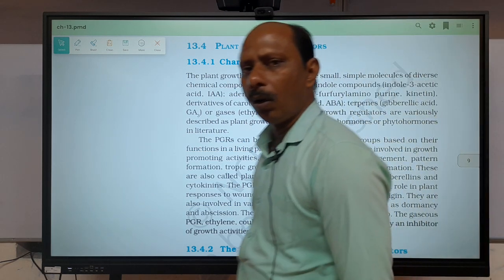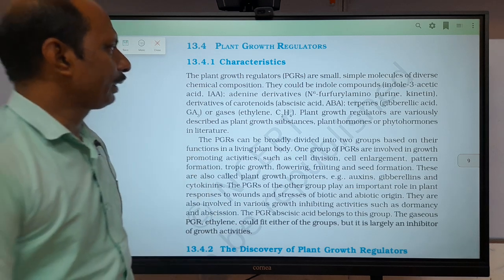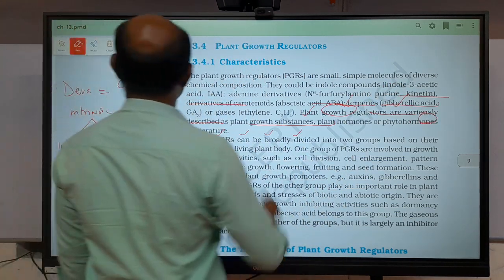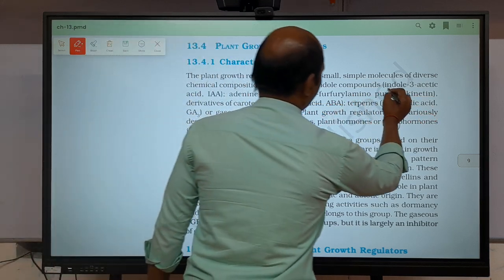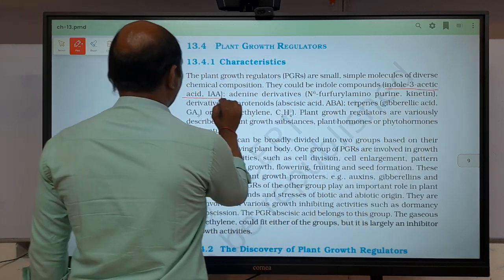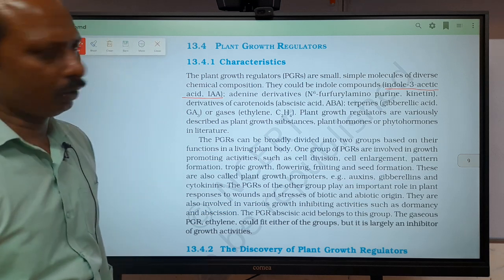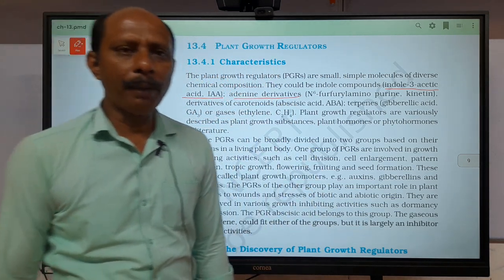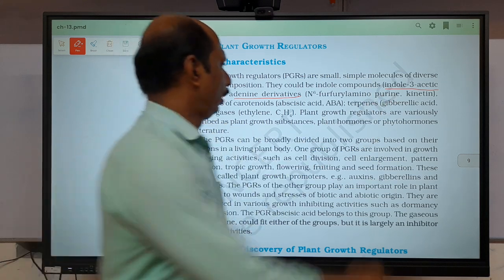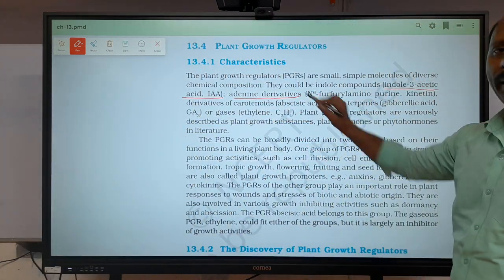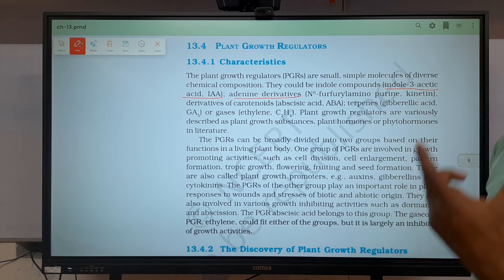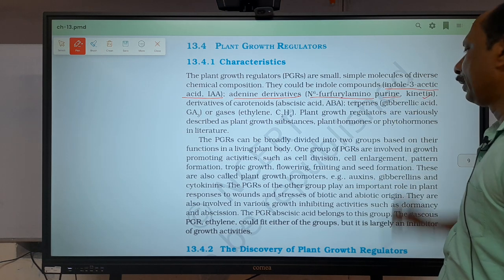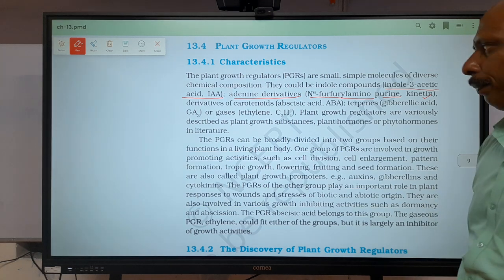They could be indole compounds like indole-3-acetic acid, commonly IAA or auxin, or adenine derivatives and furfurylaminopurine. Look here, adenine derivatives. You know adenine, adenine means what? It is a nitrogen base, right? And furfurylaminopurine, commonly called kinetin, like cytokinin.